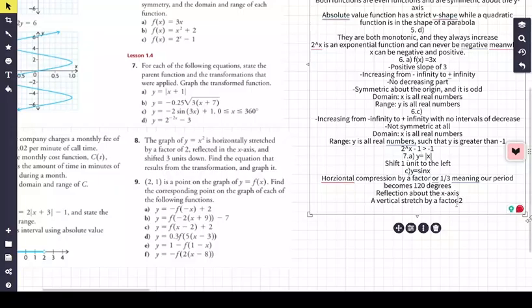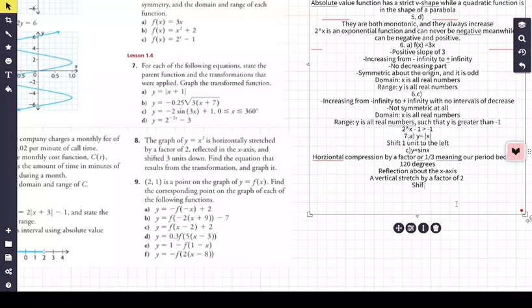And then now we're finally on to the very easy stuff. Plus 1 means shift 1 unit up.